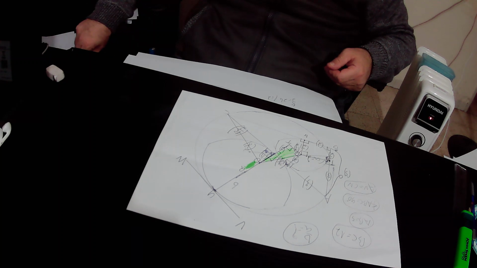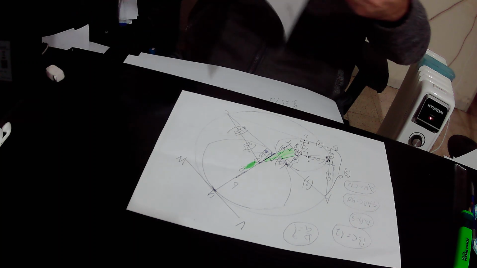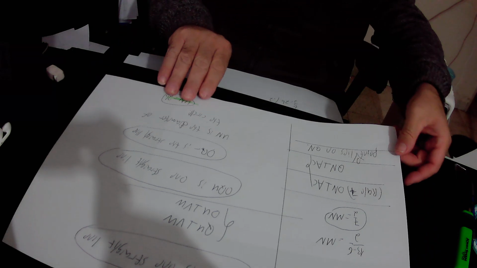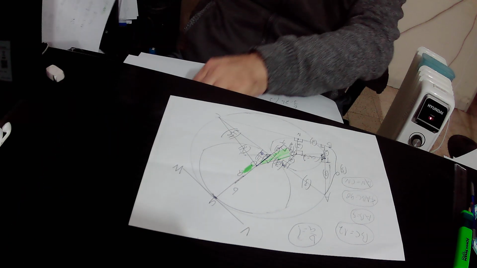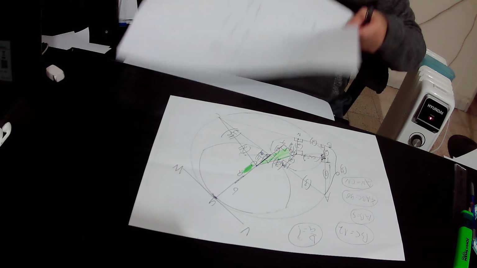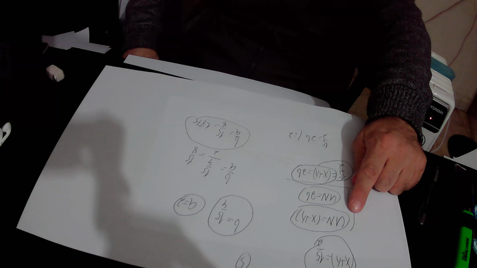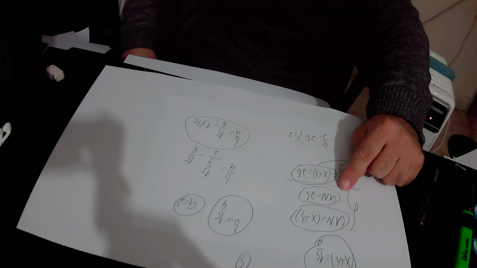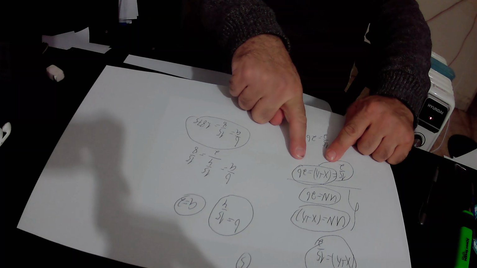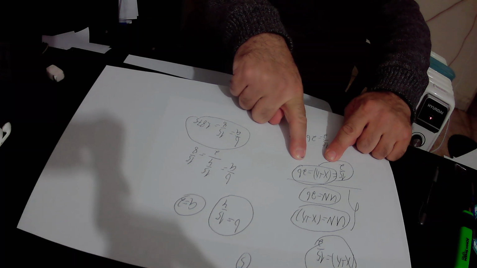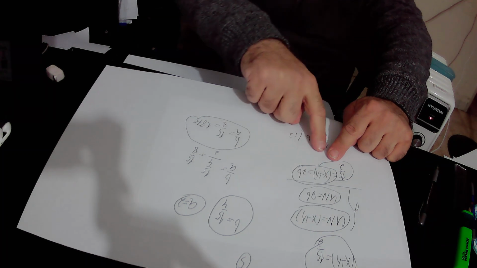Here again, we found out that UN equals 2b. So from those two equations, UN equals x plus h and UN equals 2b, we derive that x plus h equals 2b.